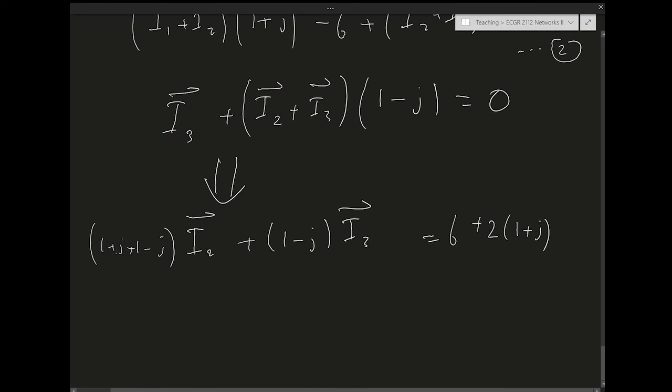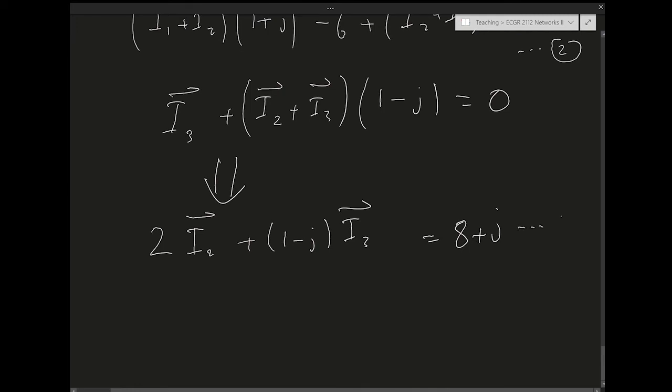J minus J is going to cancel out, and I end up with 2. So this is going to be the first equation. Let me simplify the other side a bit. So this is going to be 6 plus 2, 8. So it's going to be 8 plus J.